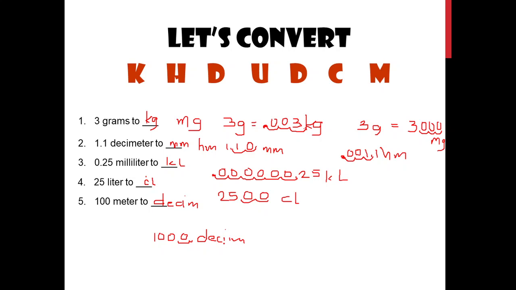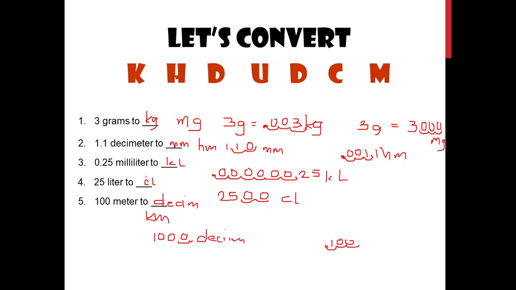So how about if I'll convert 100 meter to kilometer? Again, I'll write my 100 here. And then at the center, because this is the standard unit, so it's in between, I want to convert this one to kilo. So I'll move my decimal to the left, 1, 2, 3. So my decimal place is here. I'll move 1, 2, 3.